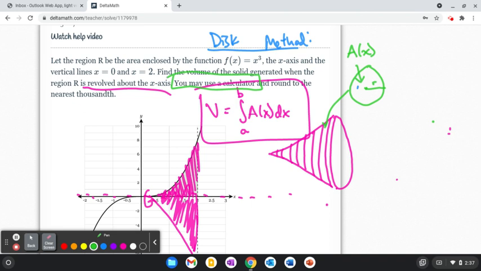So when we're finding the area of a disk, right, this is the disk method. Well, the area formula for that is very straightforward, because the area of any disk, any circle, right, is just pi r squared.